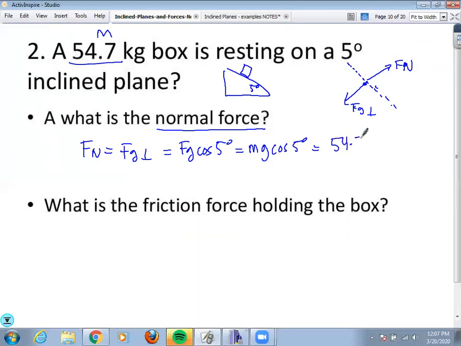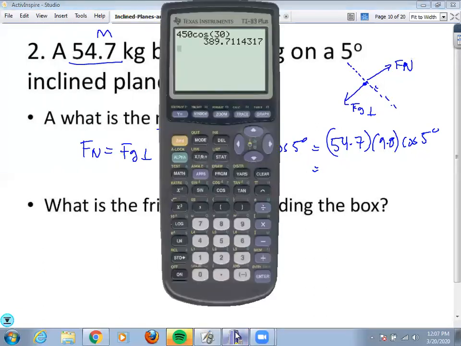So 54.7 times 9.8, we assume it's on Earth, times cos 5 degrees. And you get 534 newtons.